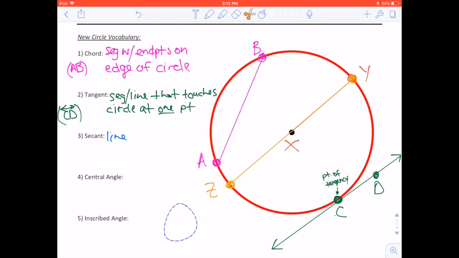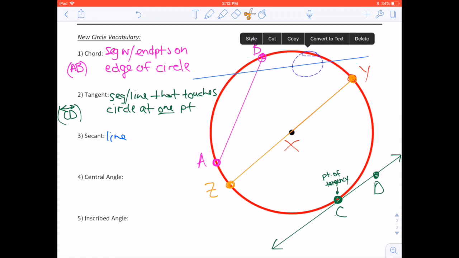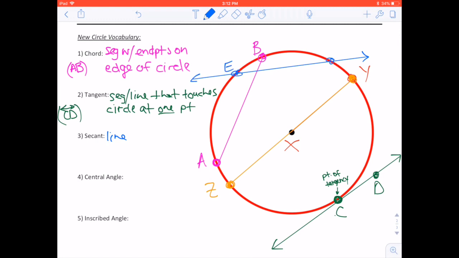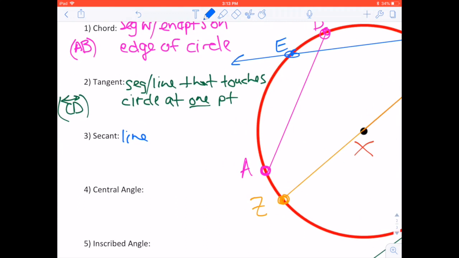Now let me go ahead and make a new one. I'll intersect it a little bit, so keep in mind where my colors are. Secant line, I'll put some arrows on it eventually. Tangent, secant, tangent, secant, you get the idea. Let's call this EF and just keep the order going. So this is line EF.